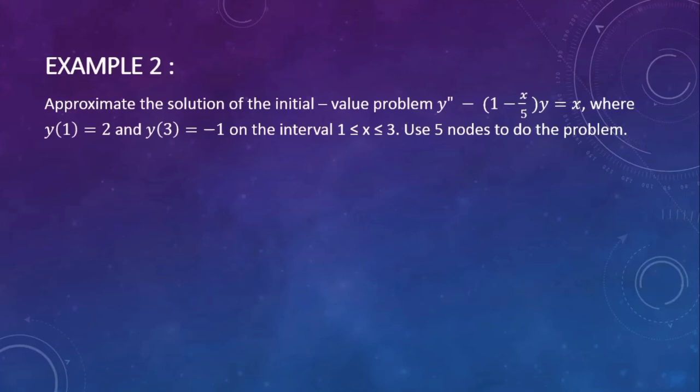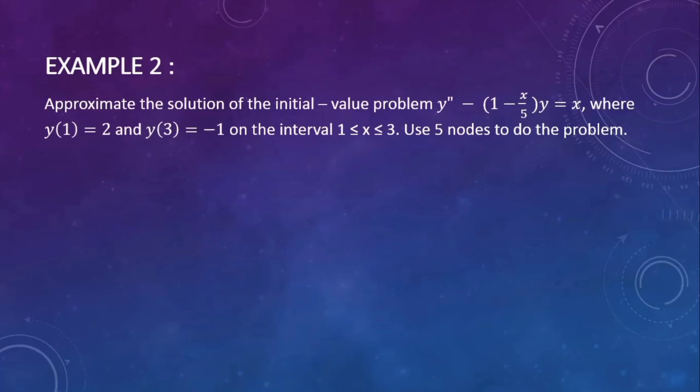So example number 2, approximate the solution of the initial value problem y second derivative minus 1 minus x over 5 times y is equals to x, where the given boundary condition is y1 is equals to 2 and y3 is equals to negative 1 on the interval 1 less than or equals to x less than or equals to 3.